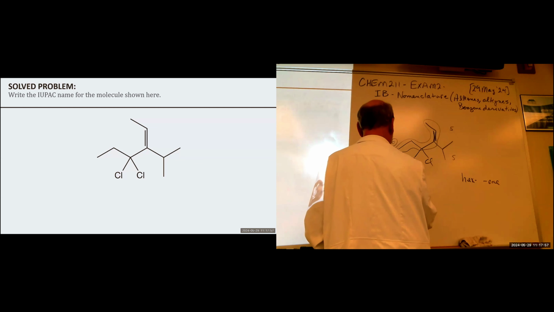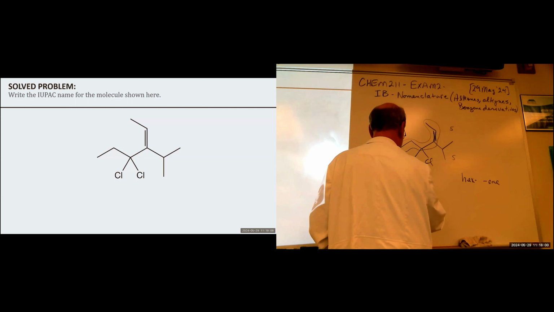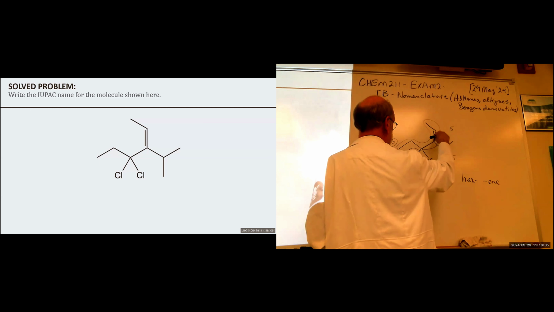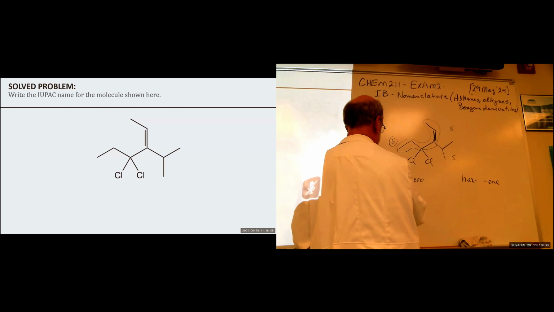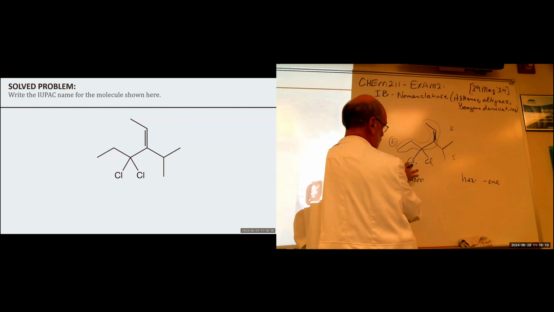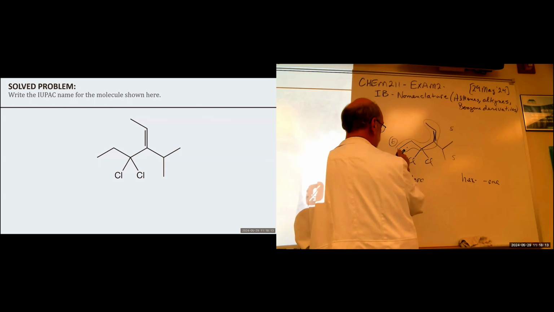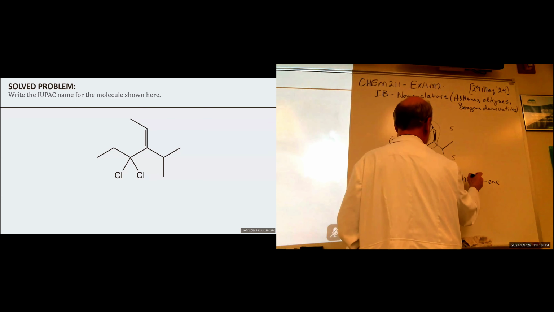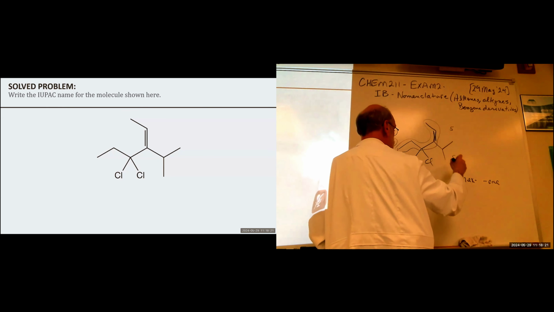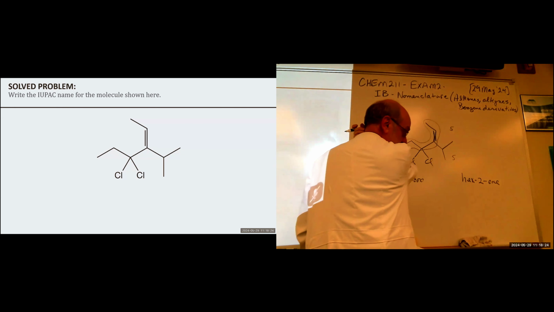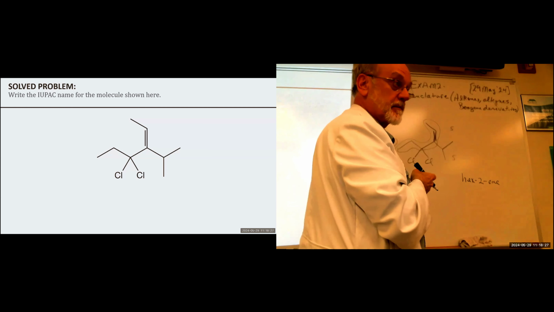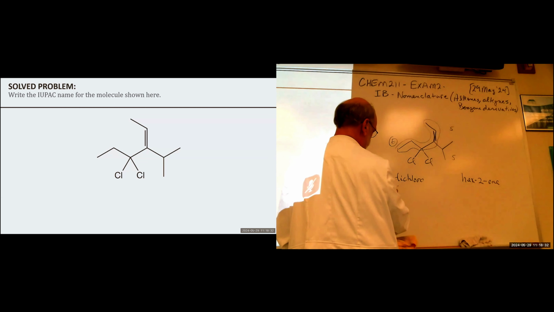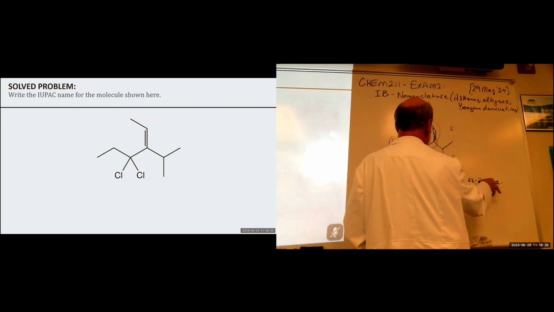So we have dichloro, which, if we start here, 1, 2, 3, 4, is 4-dichloro if we count that way. If we count this way, 1, 2, 3, but it's 4-ene. If we count this way, it's 1, 2-ene. That would be the winner, the smaller number for the ene. Yeah, 1, 2, 3, 4. Then we have 4-dichloro hex-2-ene.